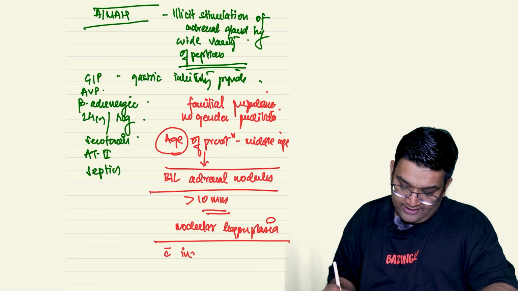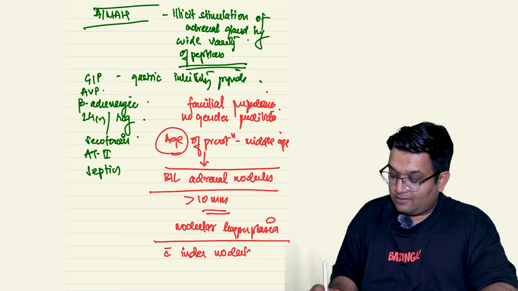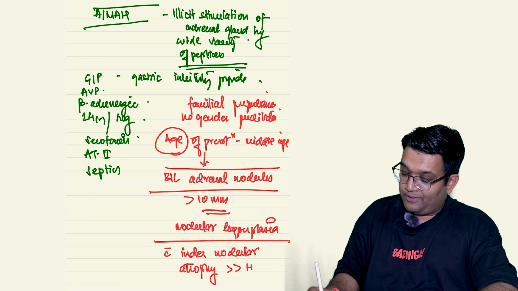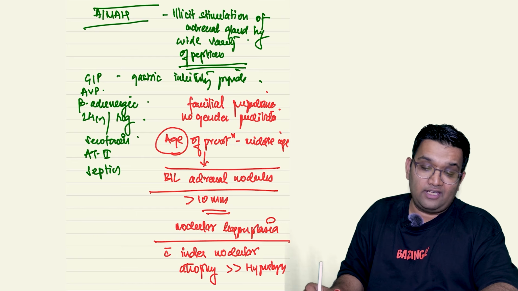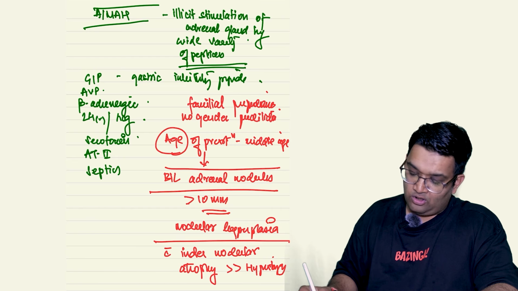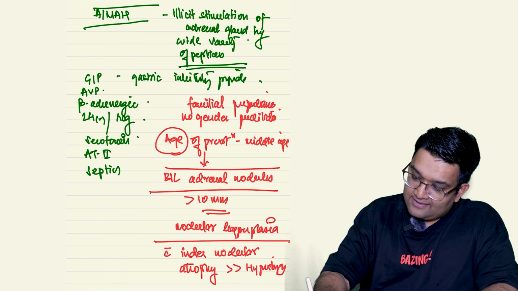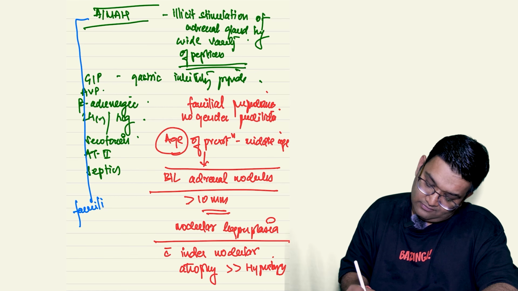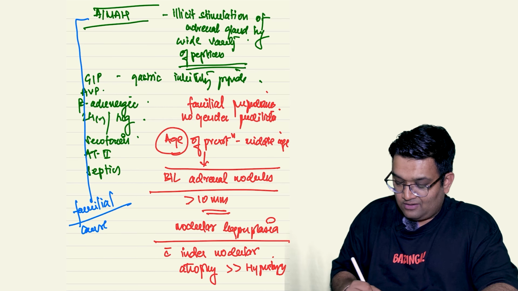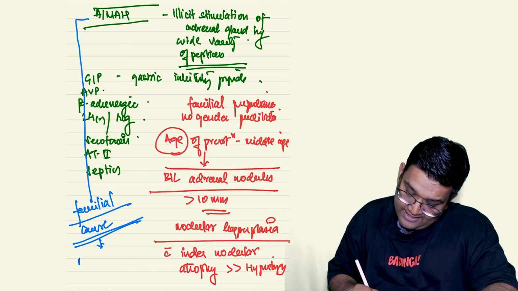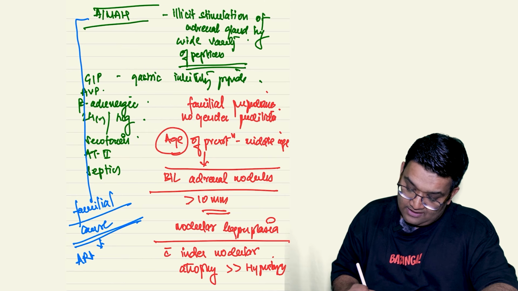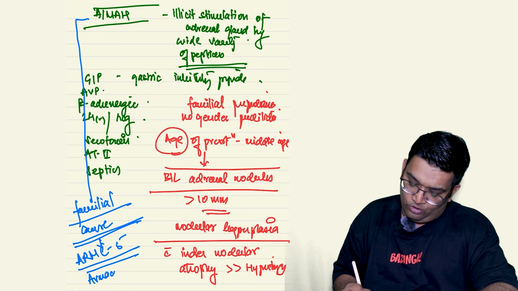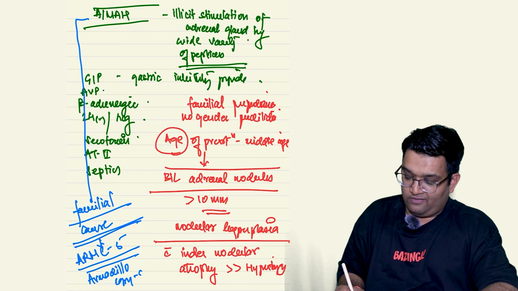with internodular atrophy more commonly than hypertrophy. Both can occur, but atrophy is more common. Alright, and if this occurs in case of familial cause, the gene implicated is ARMC5, the armadillo repeat containing 5 gene.